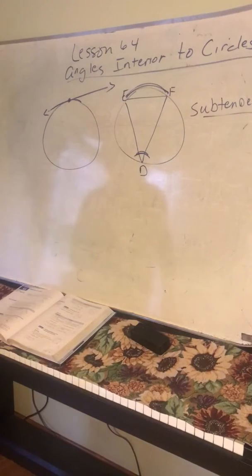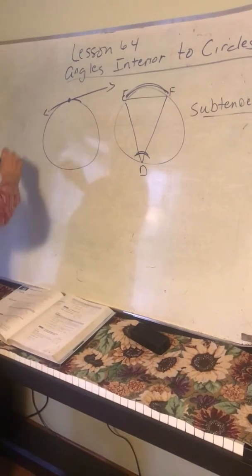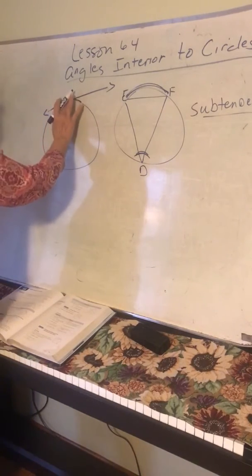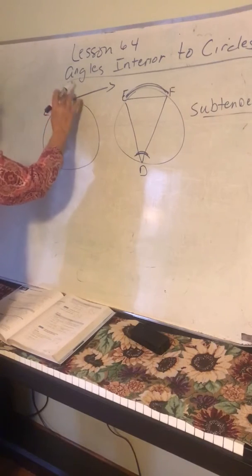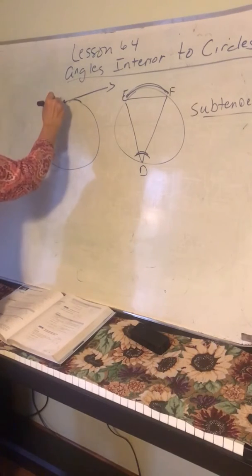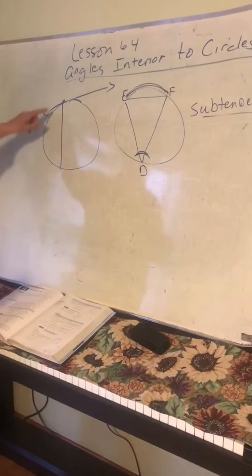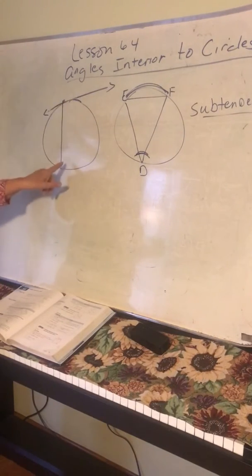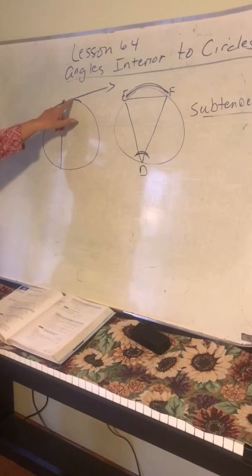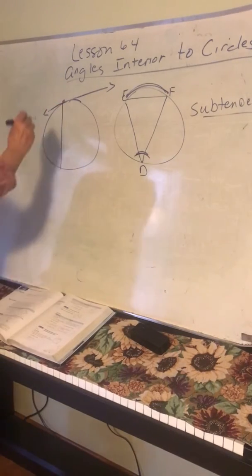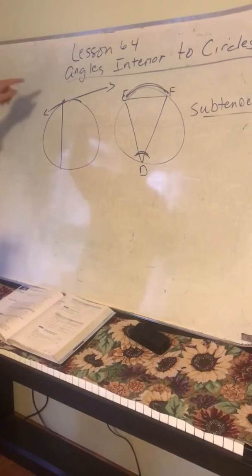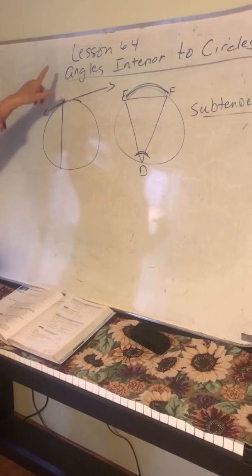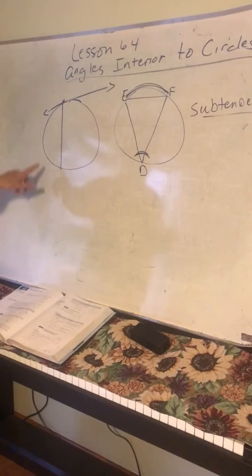Then we're going to draw a chord. Now if this chord goes straight through the middle of the circle, we know that angle is going to measure 90. But if this chord does not go straight through the circle, if it is not the diameter of the circle, it is going to have a different measurement.